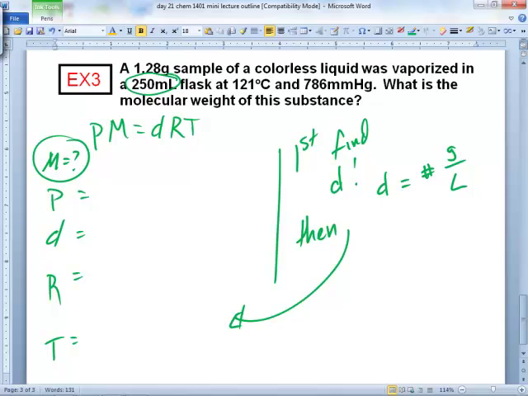You have to convert this 250 mL to liters first, and then you'll have the 1.28 grams up on top. Then you'll have your D. Then you go and find your molar mass.